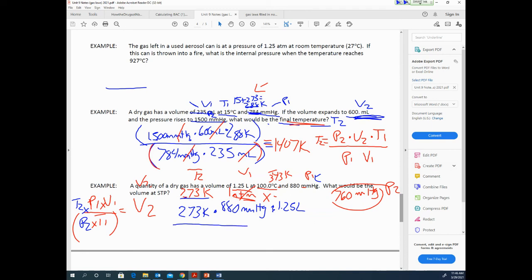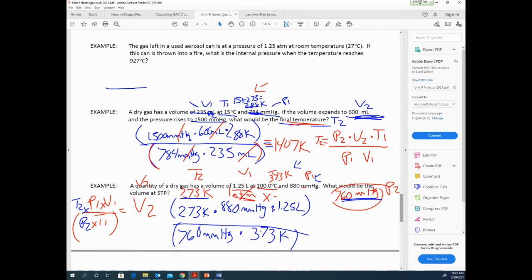And that's all going to be divided by P2. P2 is the one we had to get in mmHg, so our pressure 2 was 760 mmHg times our T1, or temperature 1, which was this one. We had to go from 100, we added 273, so it's 373 Kelvin.